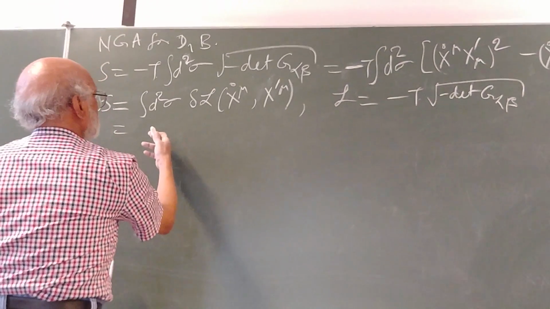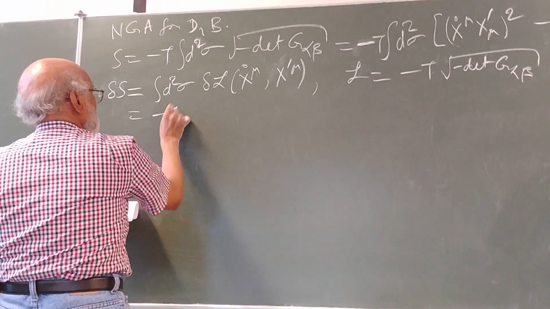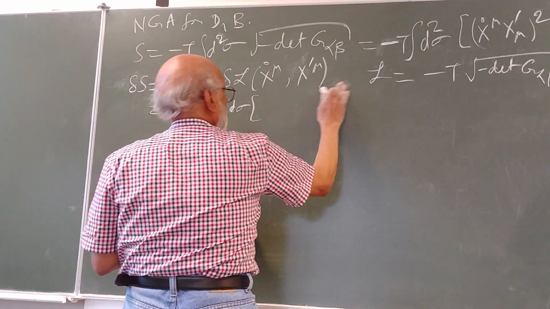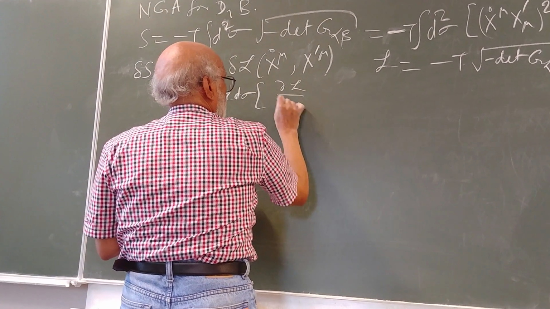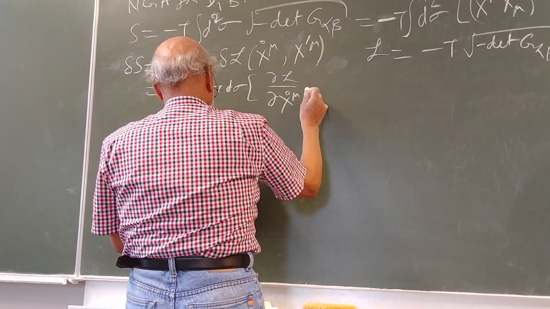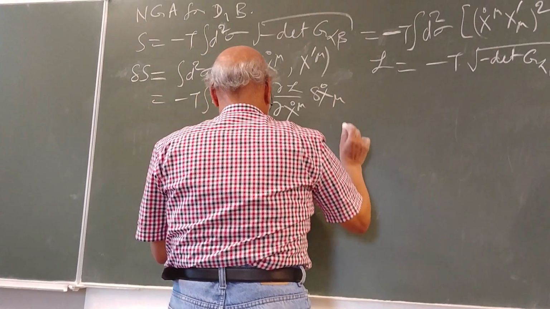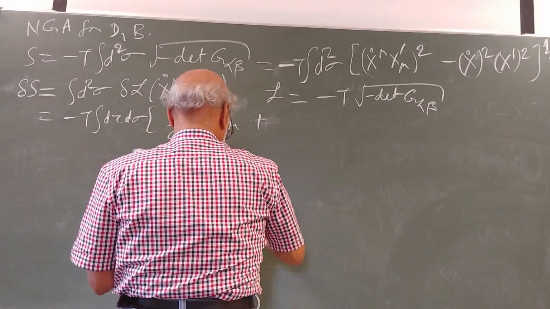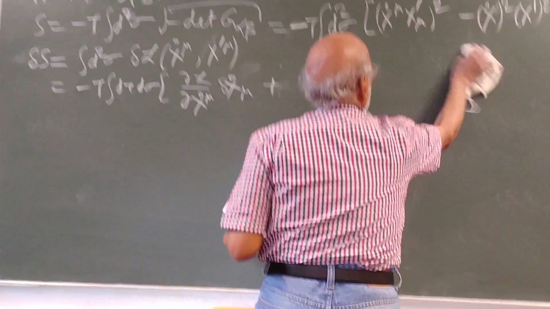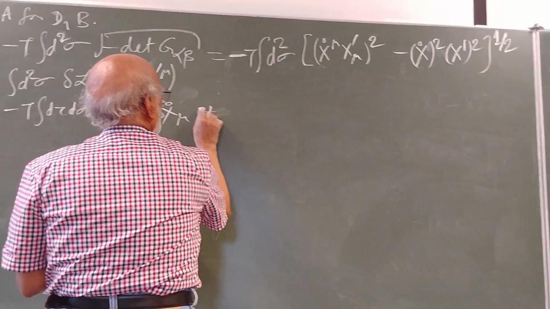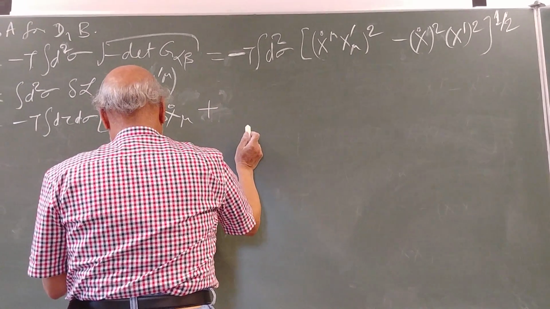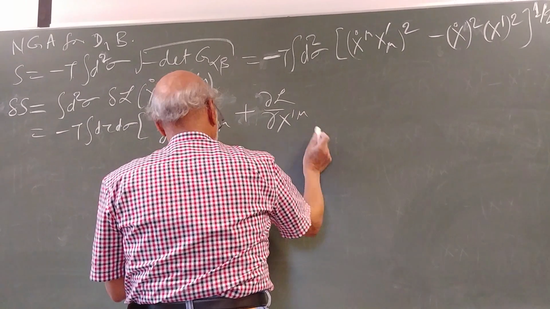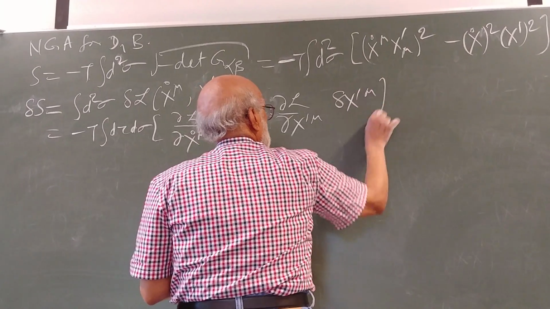So what we do is, this is minus T d tau d sigma times del L over del x mu dot into delta x mu dot, plus, let me remove this L, we know it already, plus del L over del x prime mu times delta x prime mu.